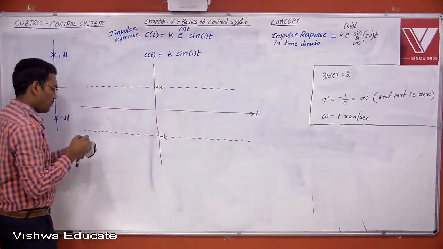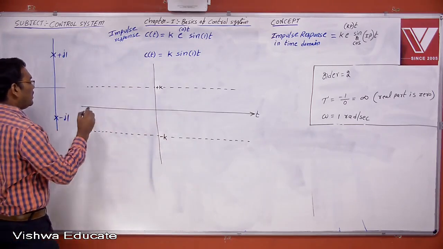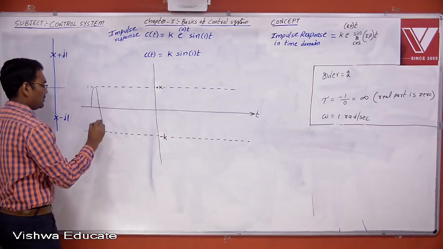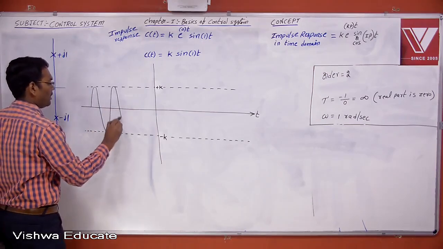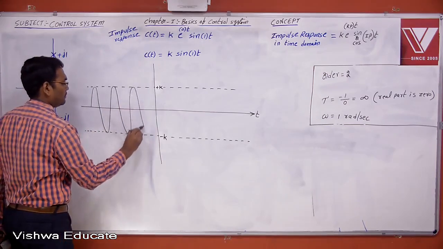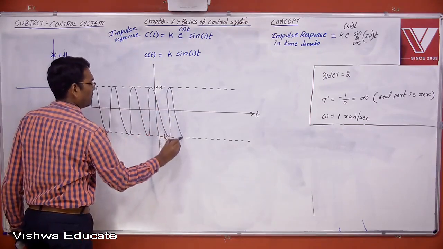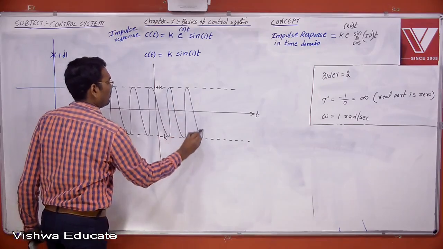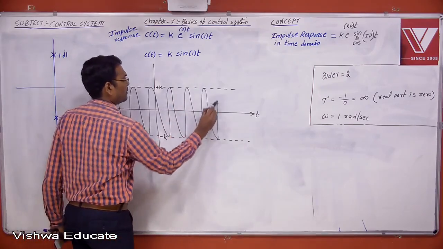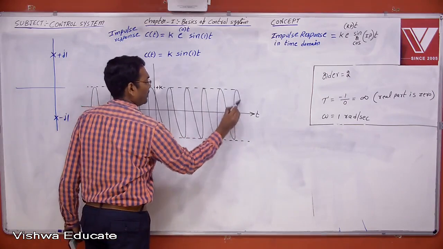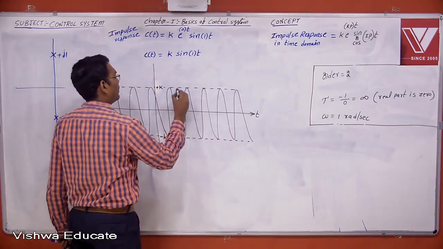And the frequency of oscillation is 1 radian per second.